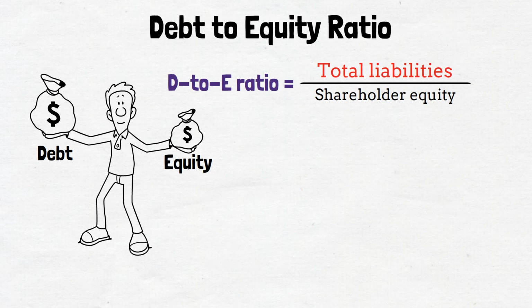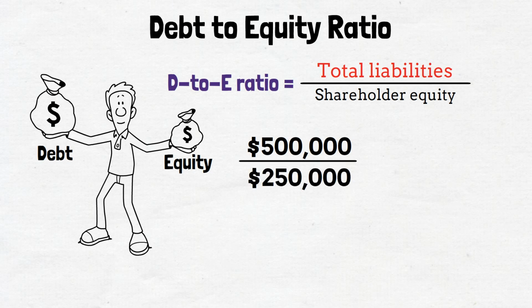The resulting ratio represents the company's debt for every dollar of equity. For example, if a company has total liabilities of $500,000 and shareholder equity of $250,000, its debt-to-equity ratio would be 2-to-1, i.e., $500,000 divided by $250,000, which is, of course, 2.